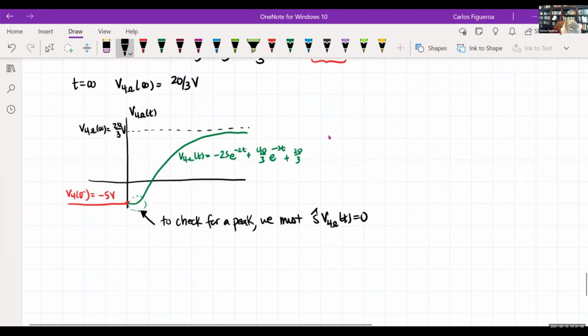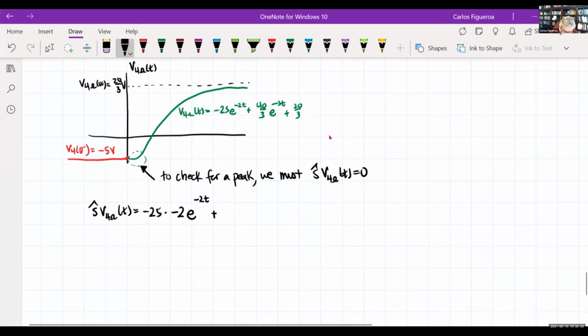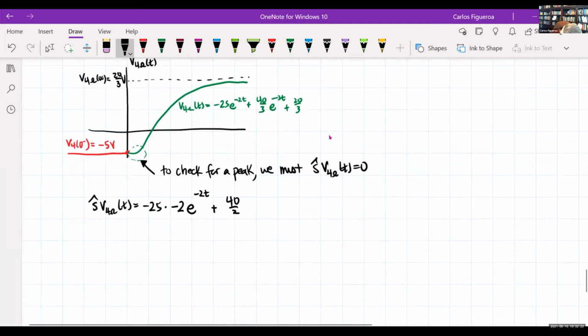So then I'm taking the derivative of this guy, and I'm going to get minus 25 times, I'm going to bring down a minus 2, plus 40/3 times minus 3 e to the minus 3t. And then, of course, that thing is 0. That's my critical point right there.